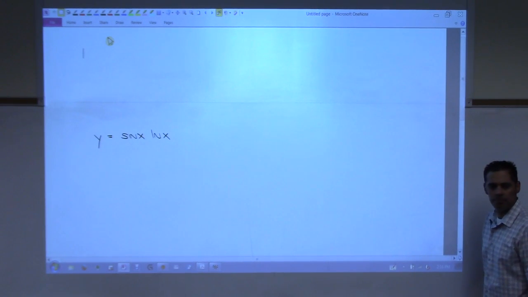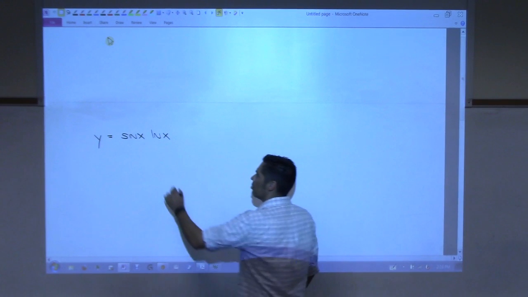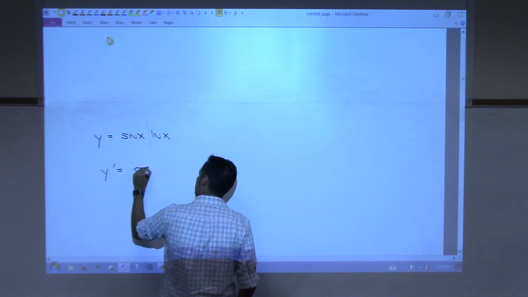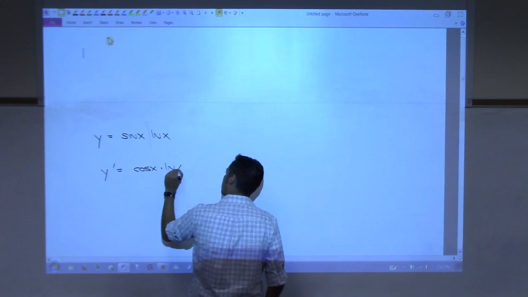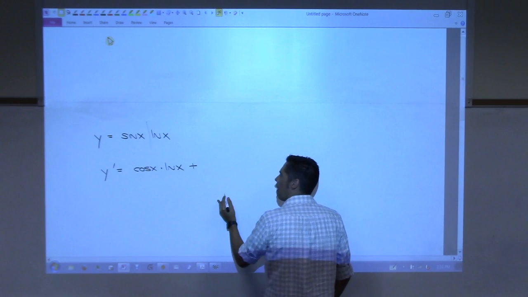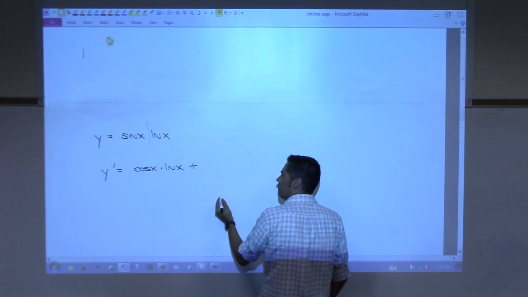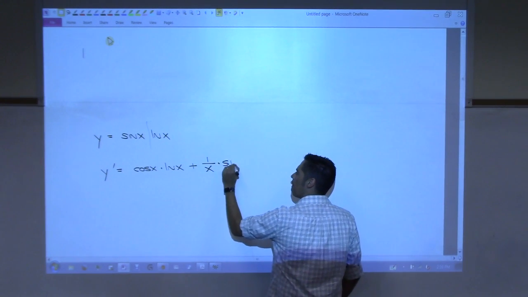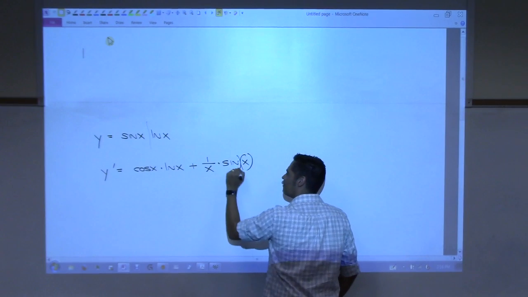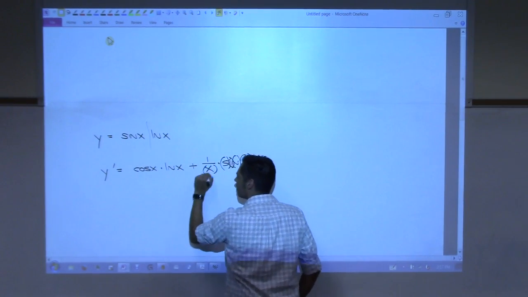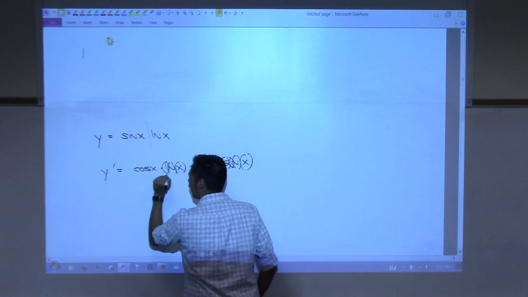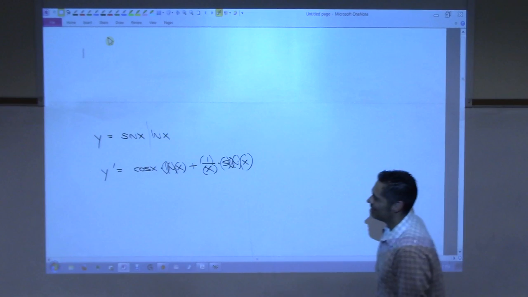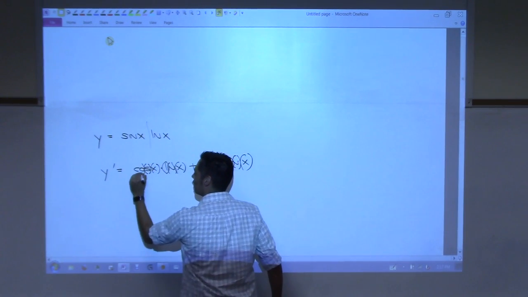What do you see? Product. There's your product. The derivative of this should be cosine x times ln x plus the derivative of natural log of x, which is 1 over x, times sine x. Parentheses. Right, there we go. I just put parentheses around everything. You might want to do that on the cosine x too. Yeah, I better not leave that one out. Okay, there we go.